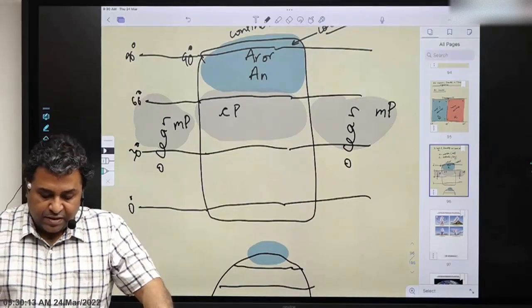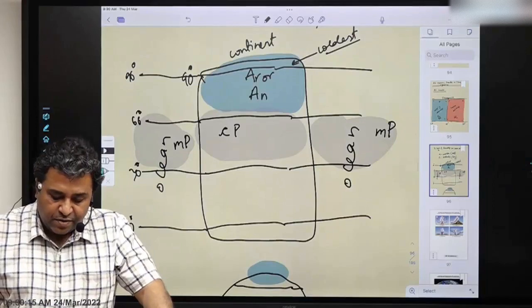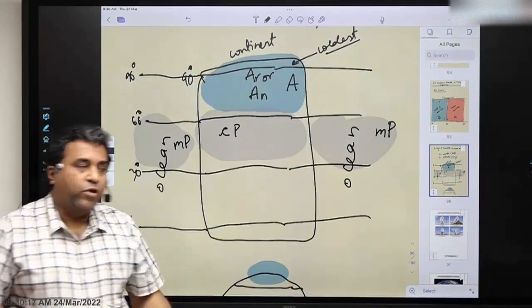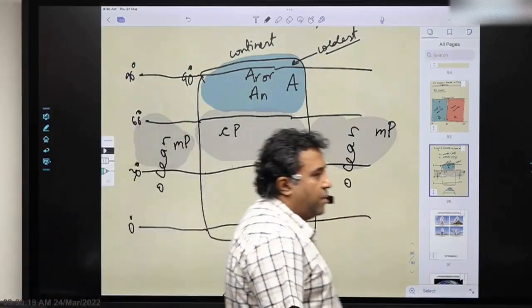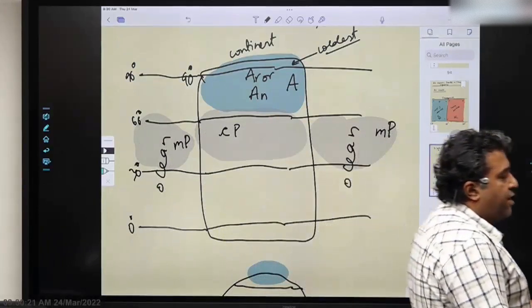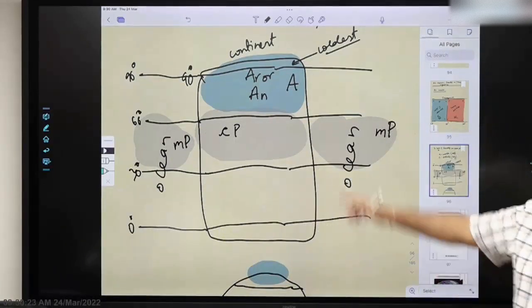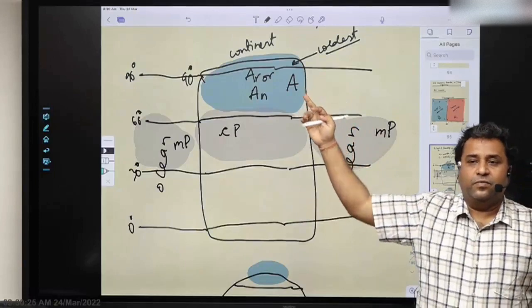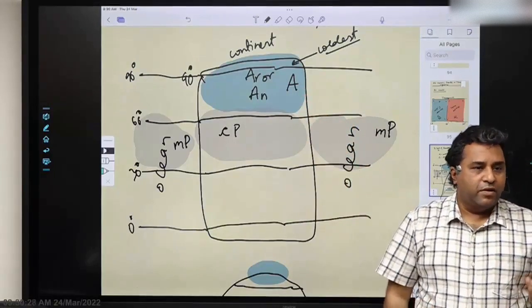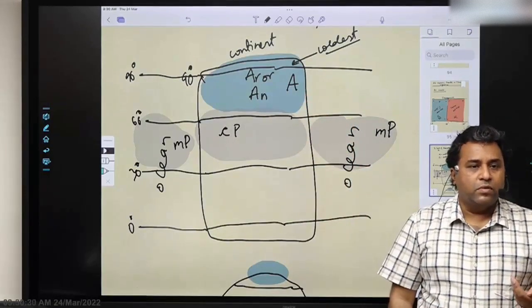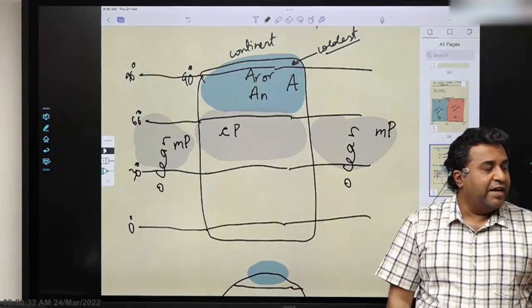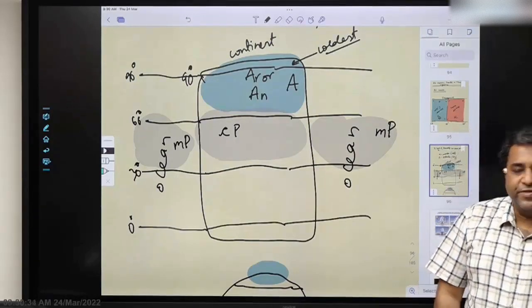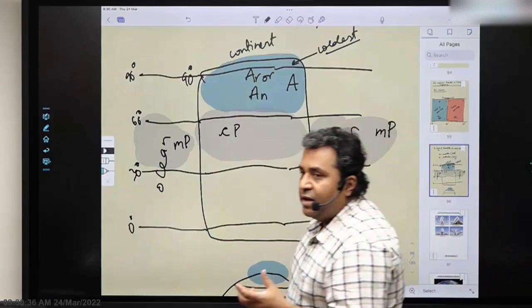ठीक है, and in the Arctic Antarctic one, उसके अंदर can you have polar and continental? Sorry, can you have continental and maritime in this one? Why? Because there is never any water body at the pole. वहां पे कोई water body नहीं होता है, so we can't have the maritime. So which one will we have? Only continental.